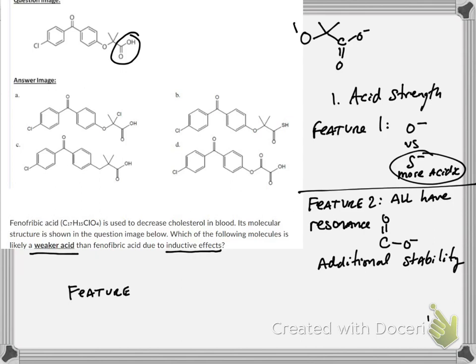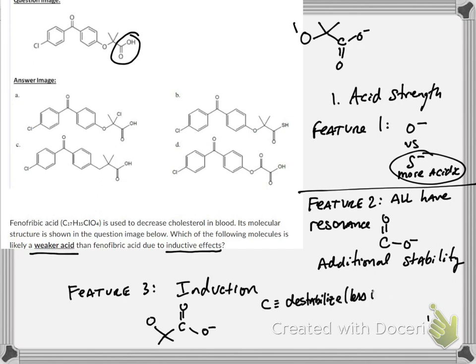Feature 3, which is inductive, right? Now we have to analyze how the group is stabilized by induction. So the carbons destabilize the base, so that would be less acidic. The oxygen that's present in the group stabilizes the conjugate base, making it more acidic.